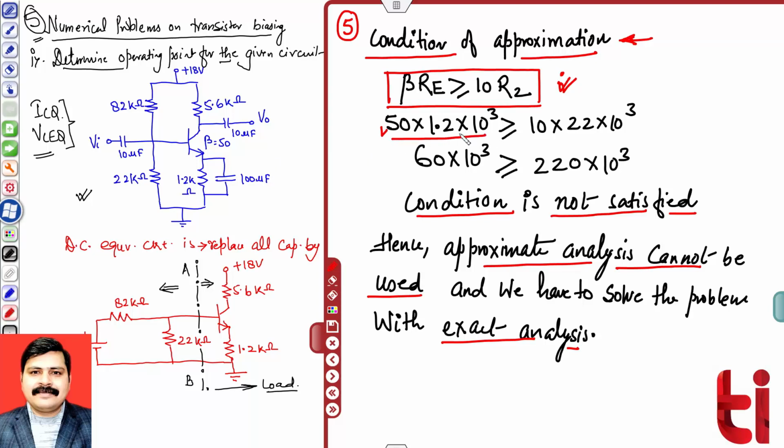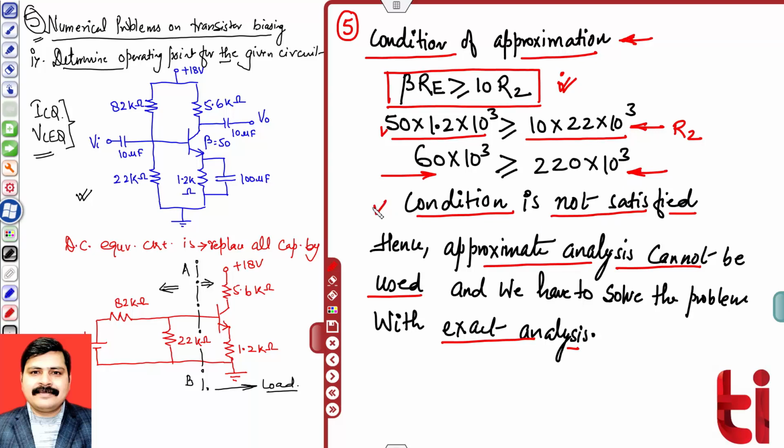We have to check whether this product is greater than or equal to 10 into 22 into 10 raised to power 3, which is the value of my R2. The conclusion is that 60 kilo ohm is greater than or equal to 220 kilo ohm. So this condition is not satisfied.